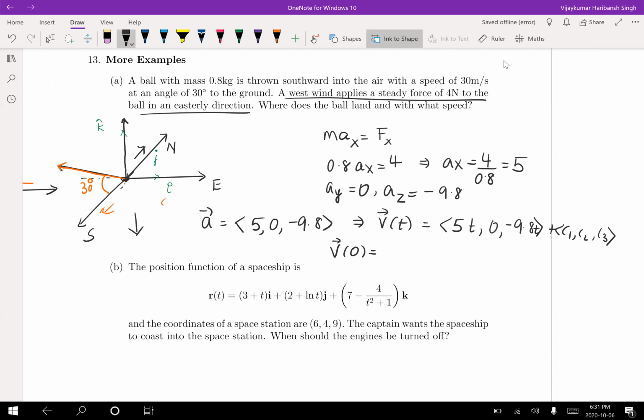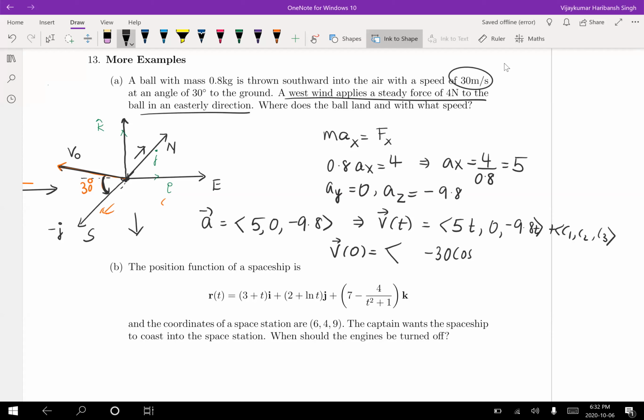Now this vector is your V of 0. It makes an angle of 30 degrees with negative j. So V of 0 is going to be minus 30 cos 30, because the speed is also 30 meters per second.